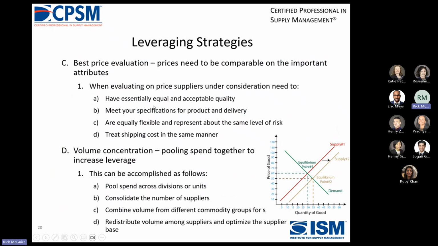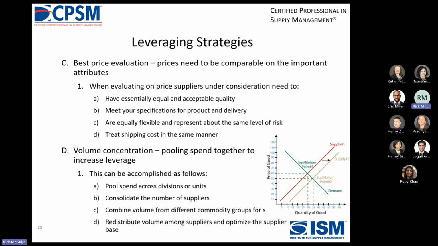So best price evaluation. Prices need to be comparable on the important attributes. You'll see this when you send out an RFP, and not so much with an RFQ because an RFQ is basically build to print, but especially with an RFP, each supplier will come back with a little bit different package because they don't want to be compared.